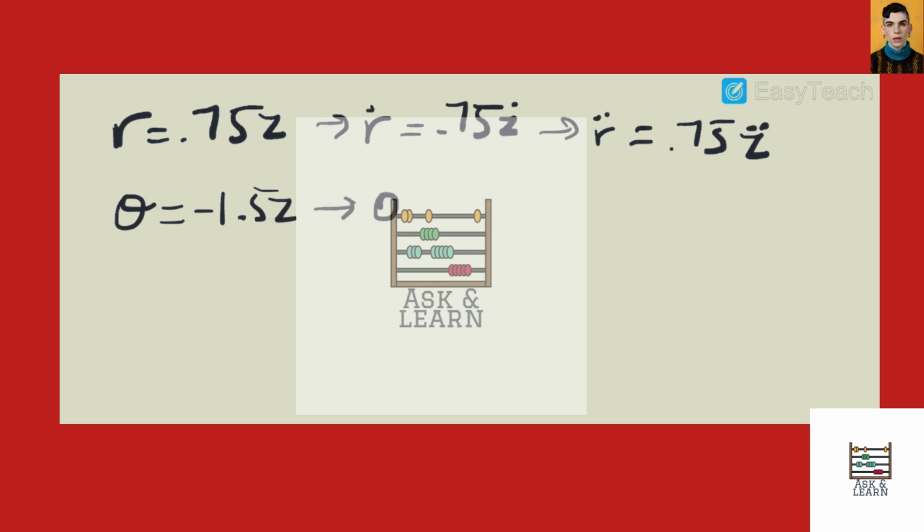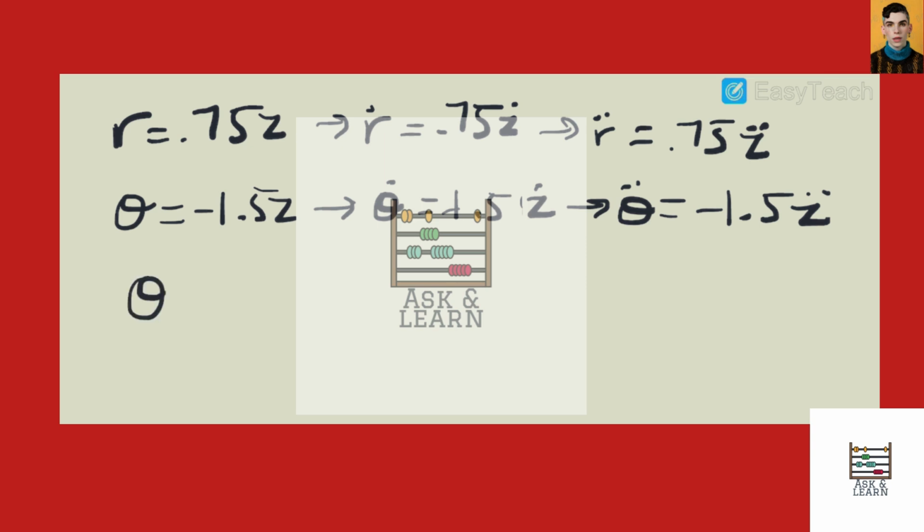Therefore, we know that theta dot is equal to negative 1.5 z dot. And then we know that theta double dot is also equal to negative 1.5 z double dot. What we can do now is go ahead and solve for our actual theta dot, z dot, and z double dot.